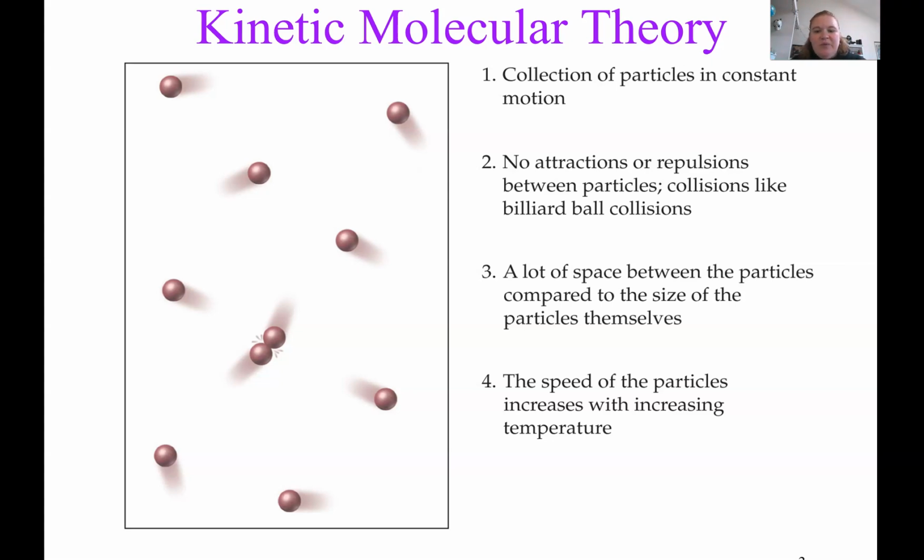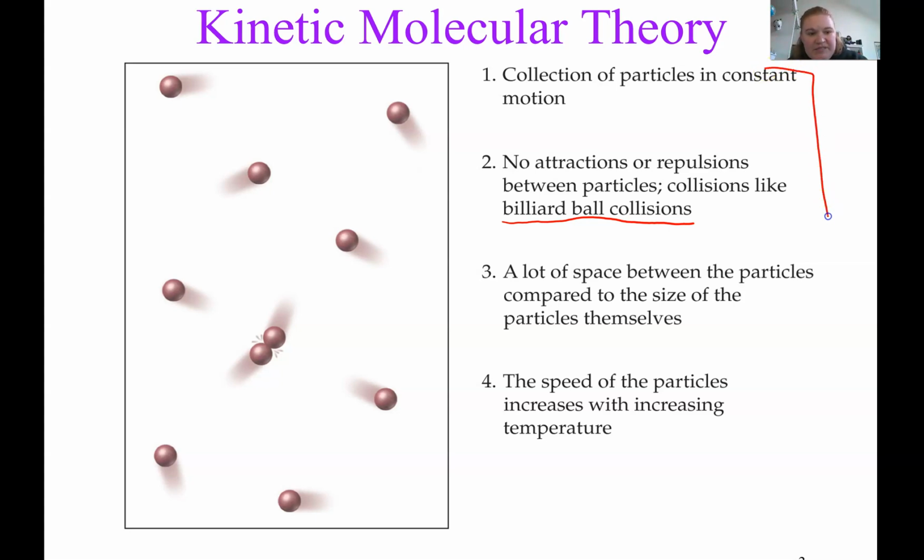So when they run into each other, they just bounce right off. They're not drawn towards each other as an attraction, and they don't push away from each other like a repulsion. It's like a billiard ball collision, like on a pool table.